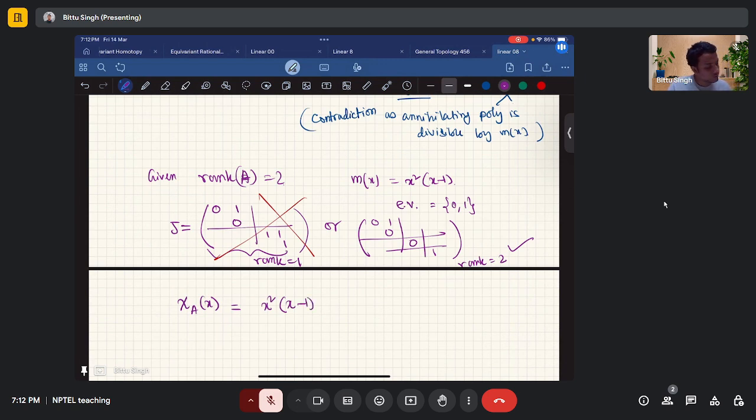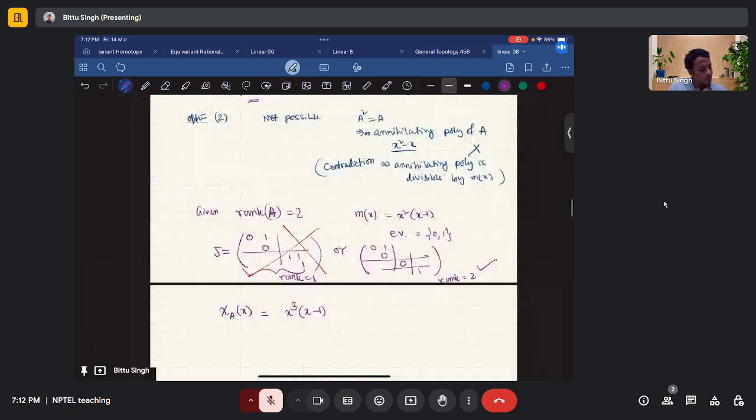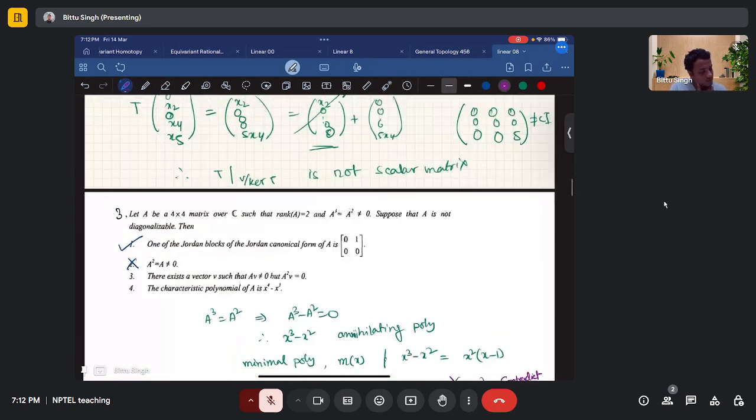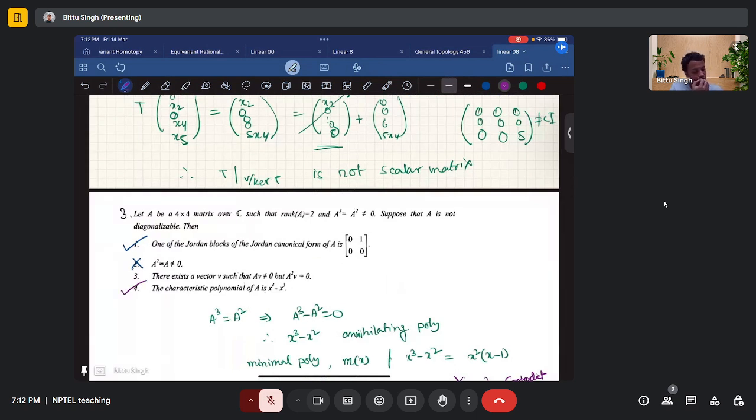The degree of x minus 1 is 1, and we also see that 0 appears 3 times in the Jordan form. So the dimension is 3. So this is the characteristic polynomial: x cubed into x minus 1, which is x to the fourth minus x cubed. So this is true.